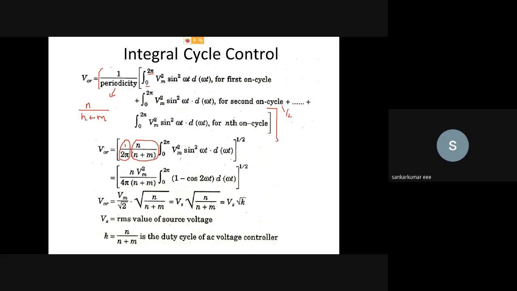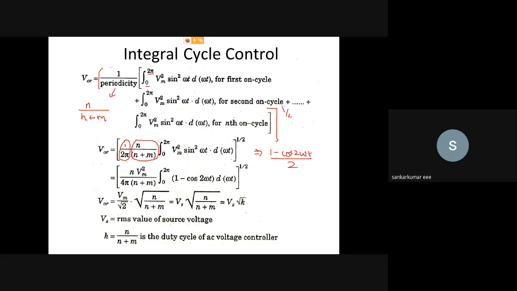In this, the Vm square is taken outside, since it can be considered as constant, and the sine square omega t, as I have already told in the previous derivation, can be written as 1 minus cos 2 omega t by 2. So this 2 can be taken outside, so it will be 4 pi.